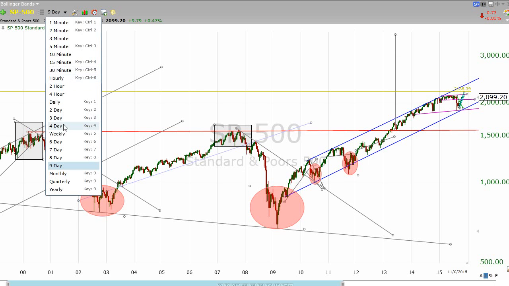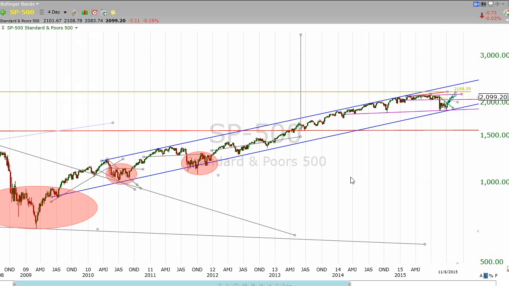So going back to that 4-day chart. Additionally, we've had this line on the chart for quite a while. This is our top resistance line, which is extremely well formed and I think will be very valuable going forward.